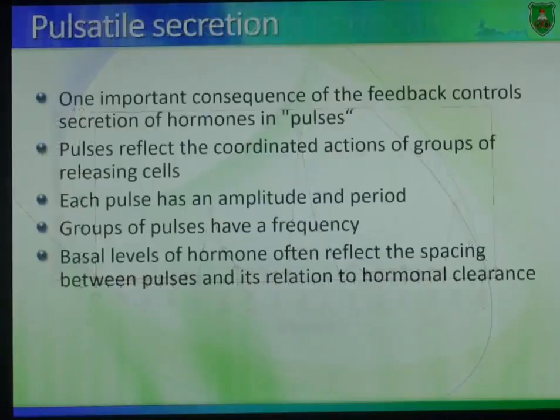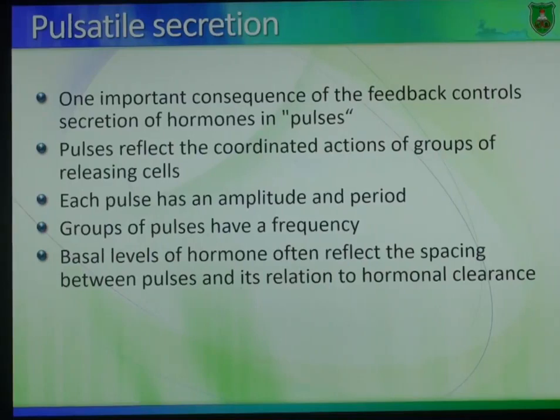This is an important feature of these hormones. And probably one reason for this pulsatile secretion of hormones is to limit or prevent desensitization and to reactivate the signaling pathways of these cells.